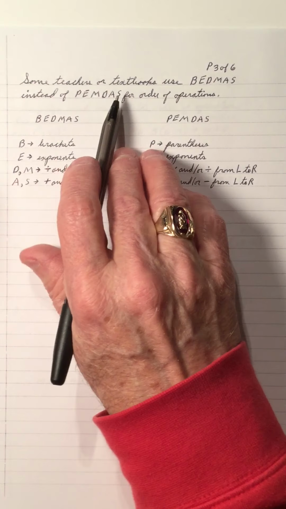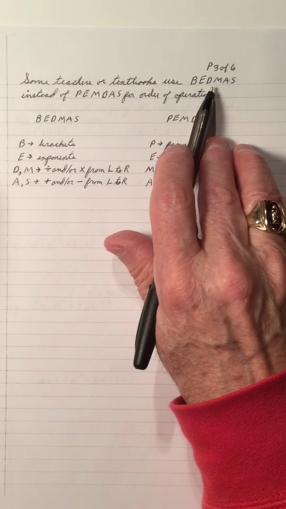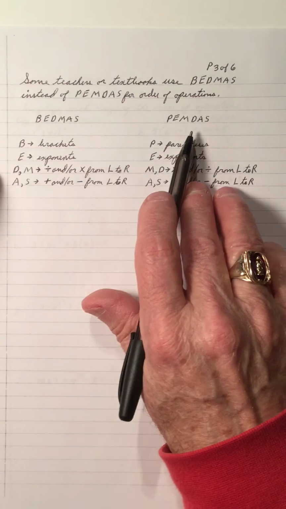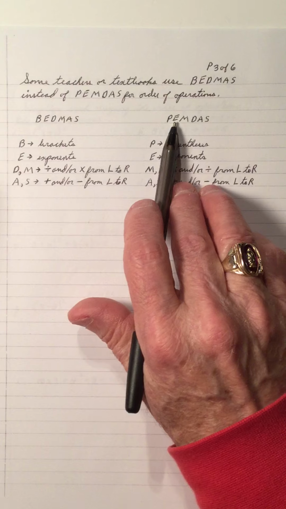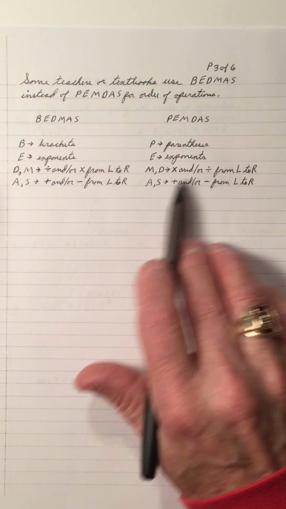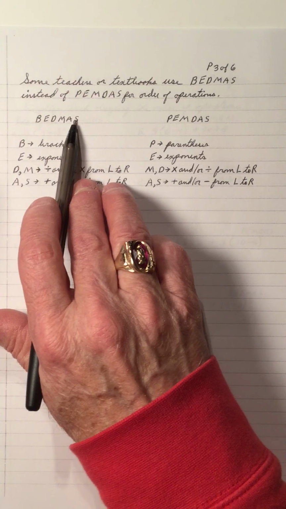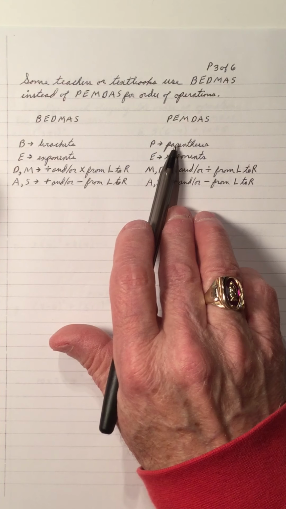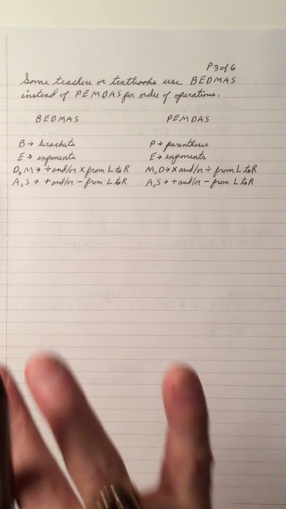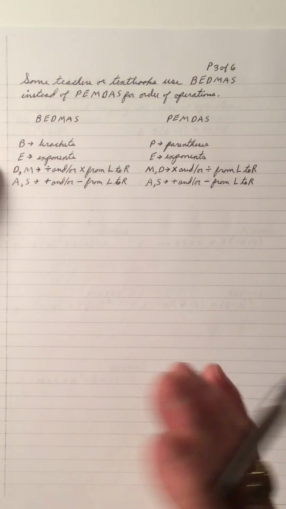Also, some teachers or textbooks use BEDMAS, B-E-D-M-A-S, instead of PEMDAS for the order. It's the same thing. PEMDAS is parentheses, exponents, multiplication, division, addition, subtraction. BEDMAS is the same, only instead of parentheses, they have brackets. To me, brackets, parentheses, I don't get hung up on which is which.